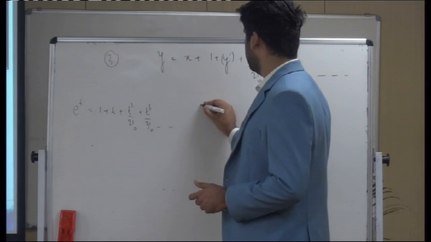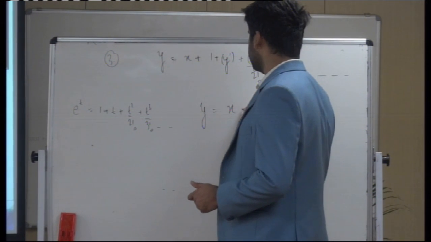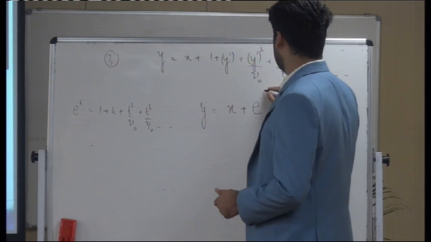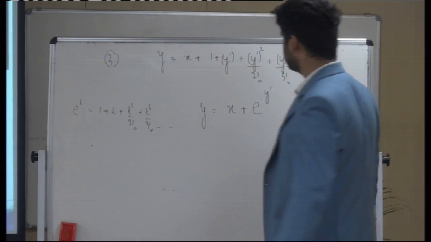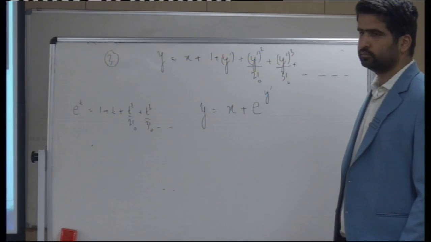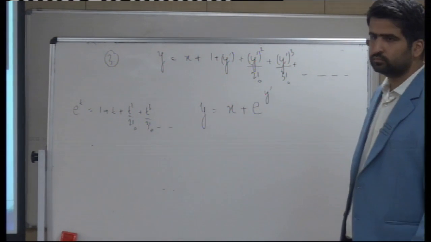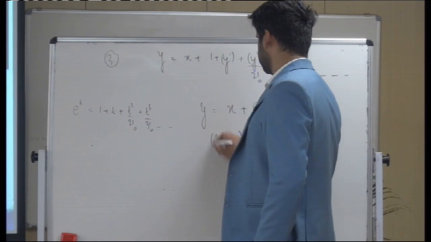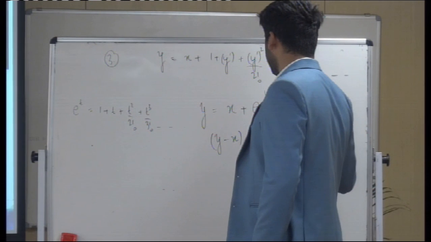So we'll get y is equal to x plus e to the power y dash. So how will you solve this? We can take y minus x over here. This is equal to e to the power y dash.